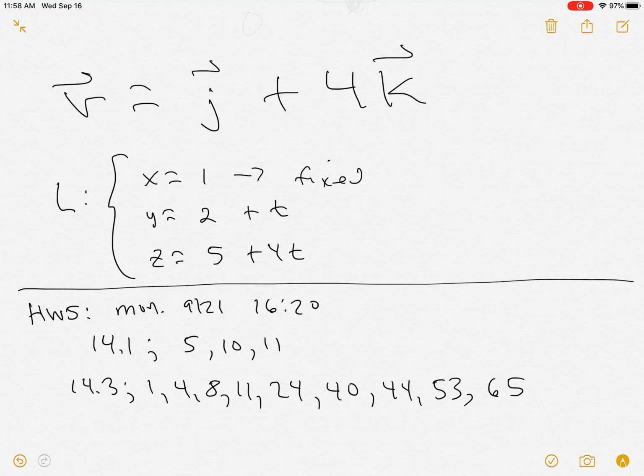It's a very dense section. And this is all I'm assigning. So it's 12 problems for the week.